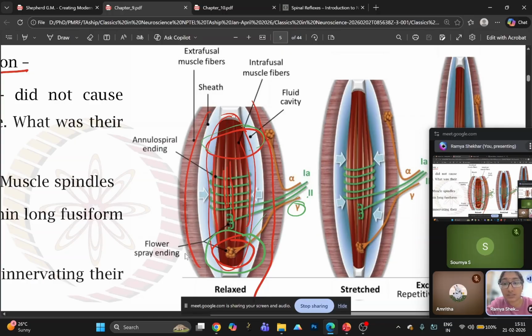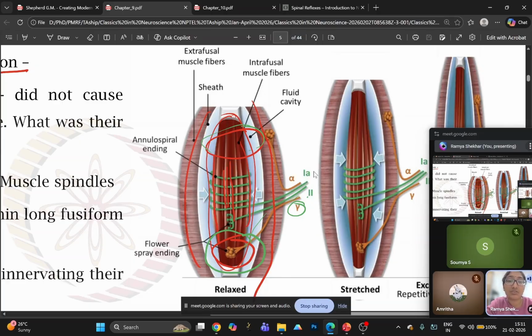These extrafusal muscle fibers, their work is to contract and carry out the muscle contraction as normal. But these intrafusal muscle fibers, or the muscle spindles that are encased in this long fusiform capsule, their function is to identify the speed and the velocity of the stretch of the muscle. So, how much is the muscle stretching, and at what speed is it stretching? That is the purpose of these muscle fibers.